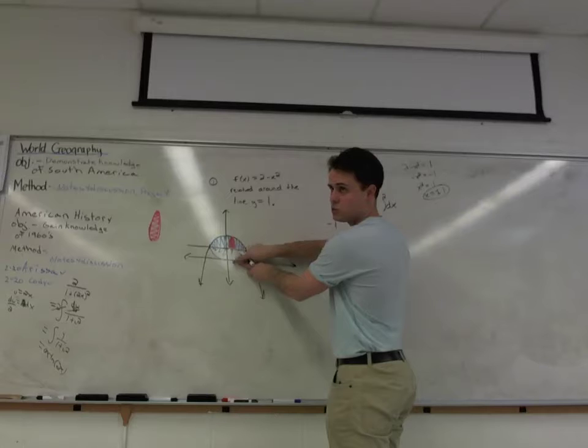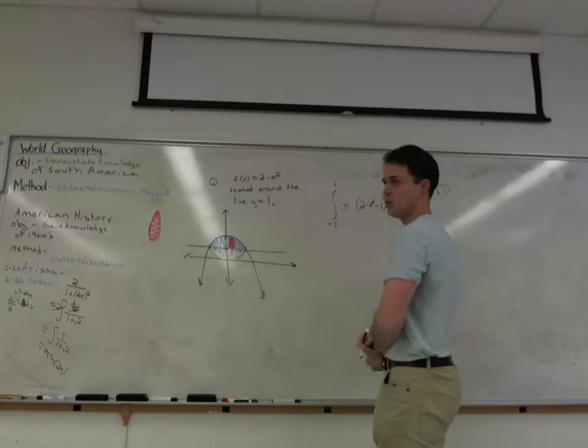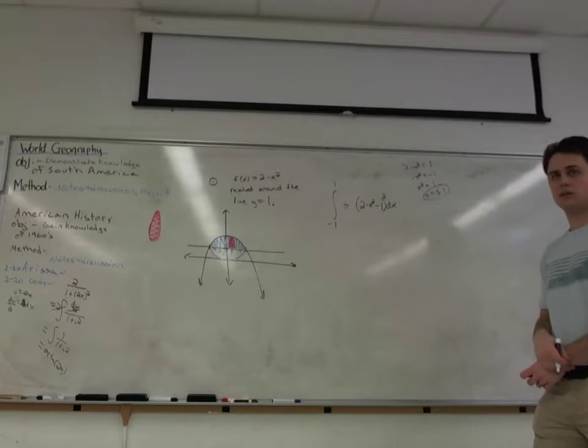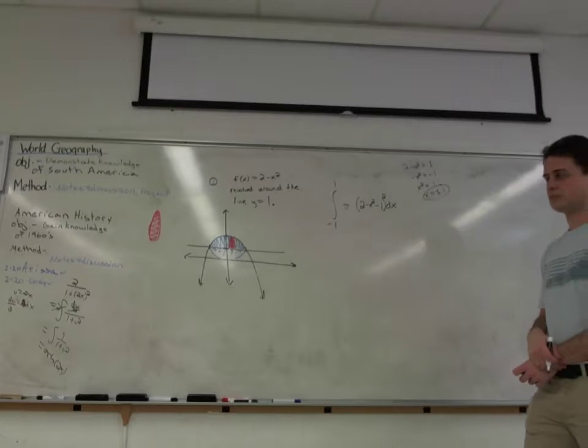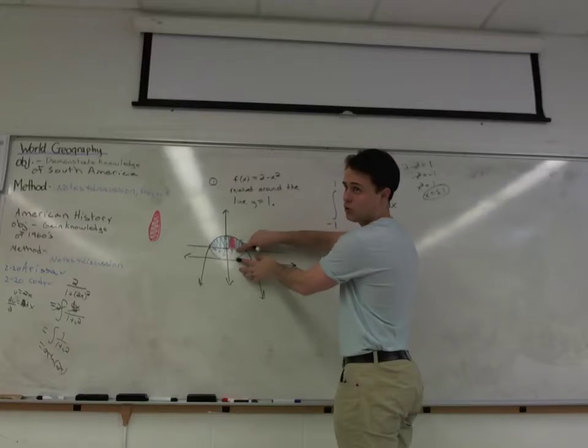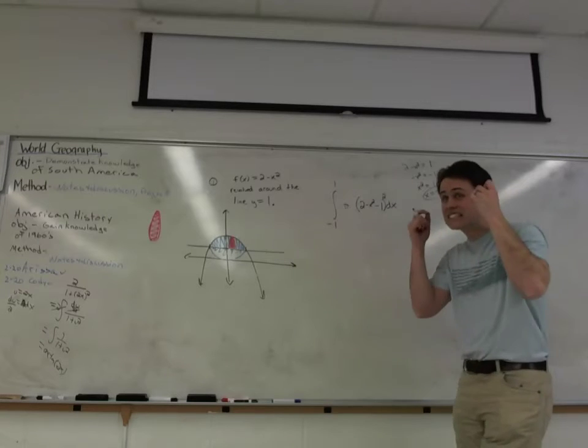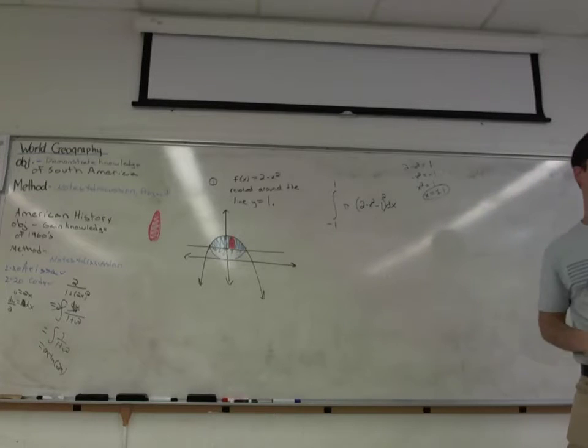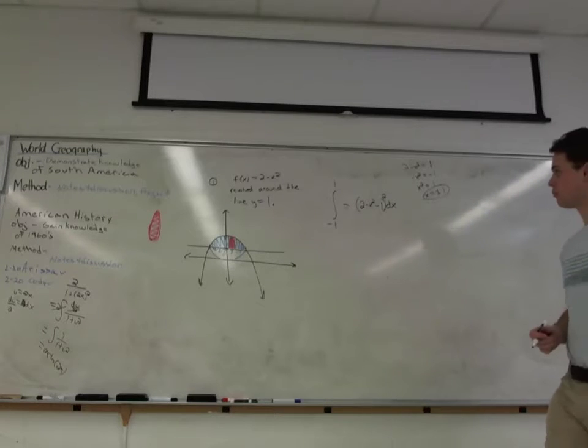So she subtracted out that 1. 2 minus x squared is all of this. We don't want all of this for our radius. We just want this part, from 0 to 1. That's what you really got to focus on. That's where people go wrong in this. So it'd be 1 minus x squared.